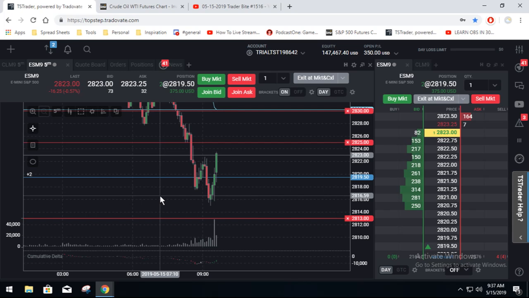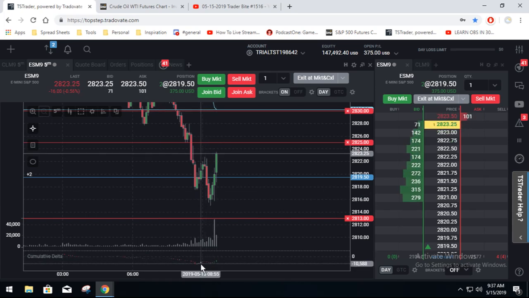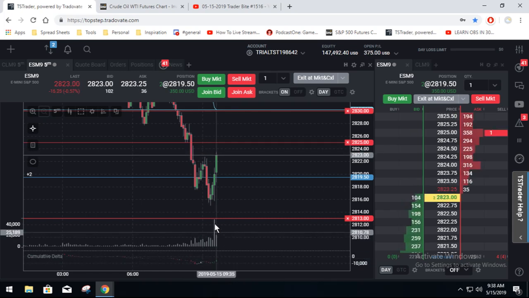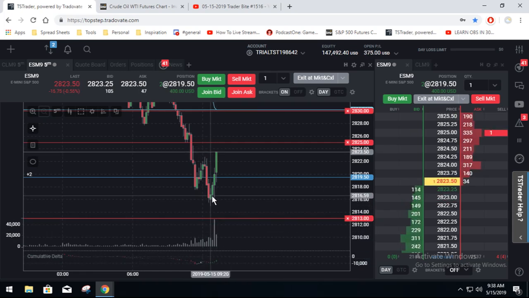You can see the momentum changing from the delta right on the open. It does a small bounce, comes back, tests 10,000, and cumulative delta is building to the upside as of now.